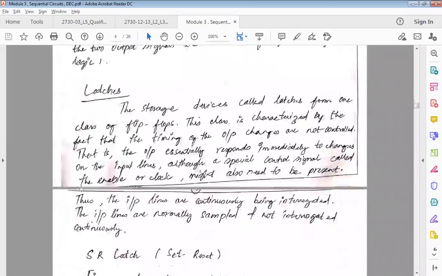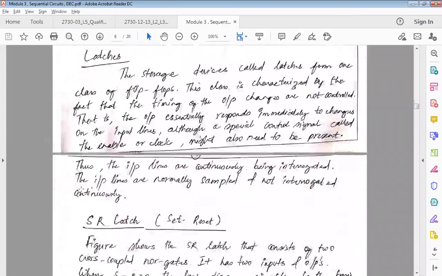So now we will look into something called latches. Latches are also a storage device, one class of flip-flops. This class is characterized by the fact that the timing of the output changes is not controlled. So that's the only thing here.